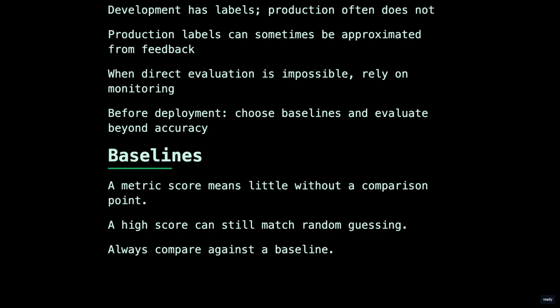That comparison is the whole point of evaluation. Different tasks call for different baselines, but the idea stays the same. Measure your model against something simple, familiar, or already available before drawing conclusions.